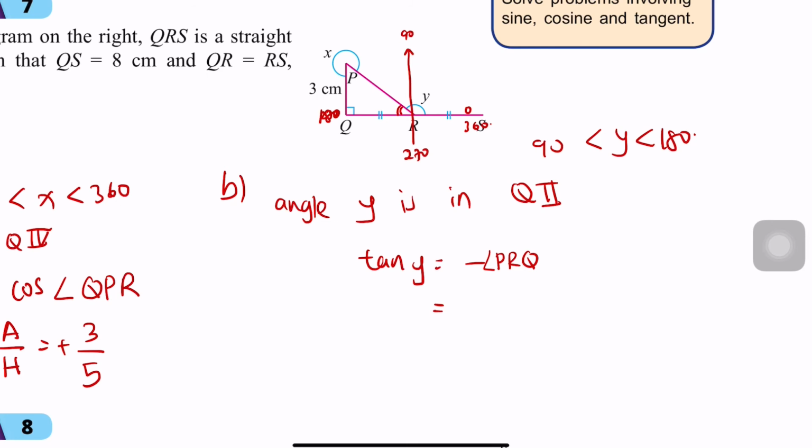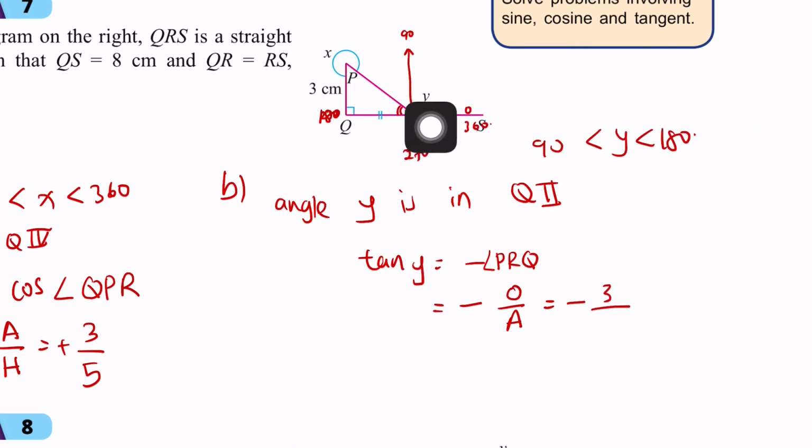Now so kita ada negatif. So tangent is TOA. Negatif O over A. So opposite of R is 3. Adjacent of R is 4. Ini tadi 4 kan? So your answer is negative 3 over 4. Okay, macam itu sahaja.